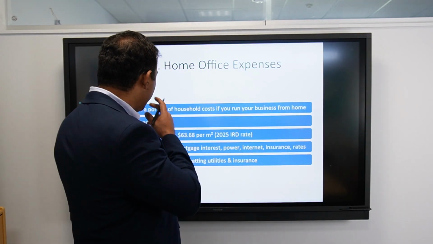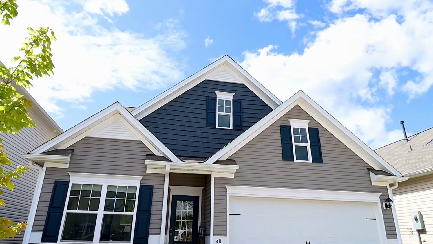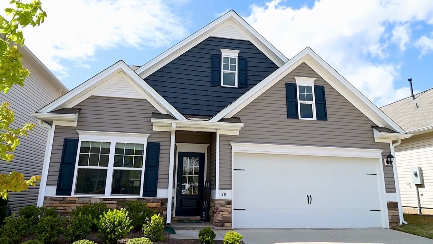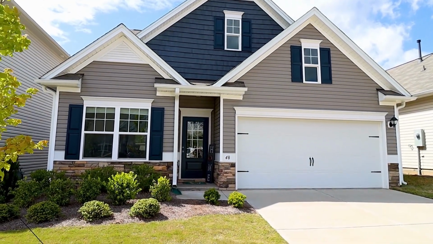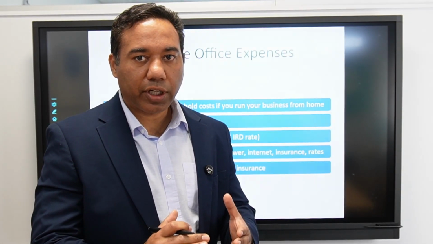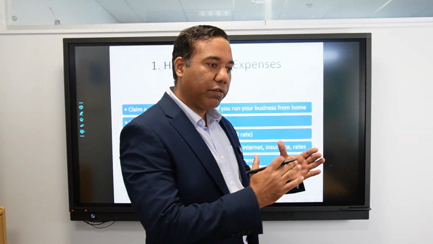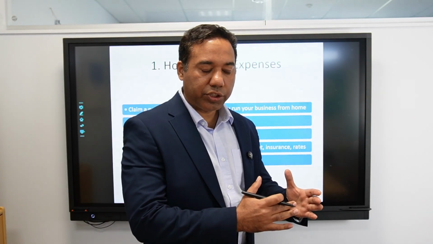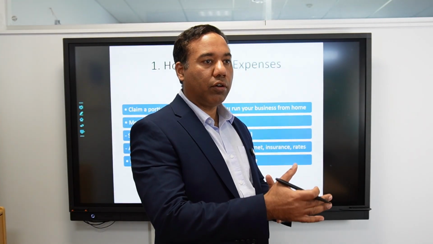Deduction number one is, are you using part of your house for business purposes? Now, it's a bit of a gray area. If you have an office location outside of your home and predominantly work from there, can you still claim part of your home office expense?